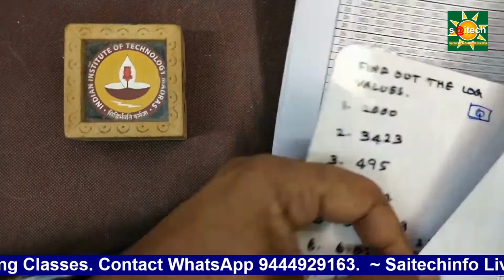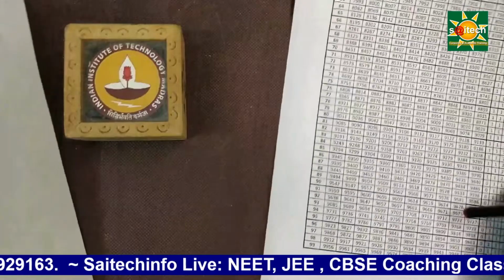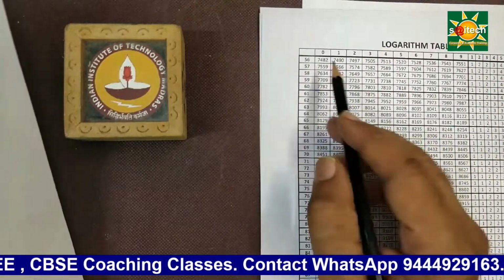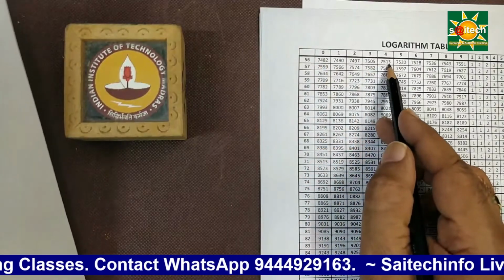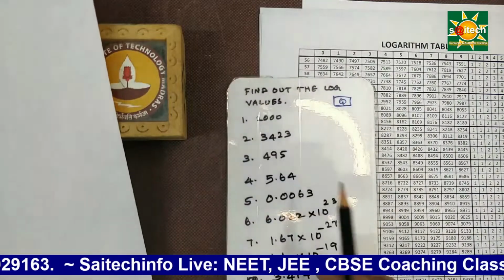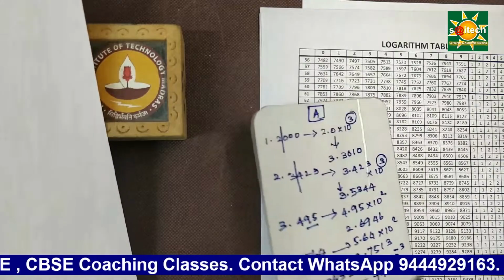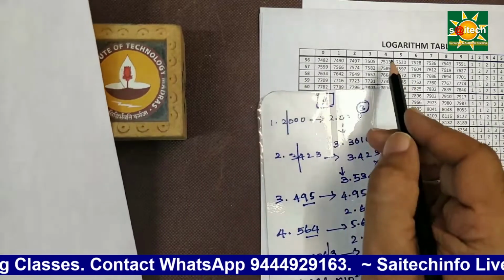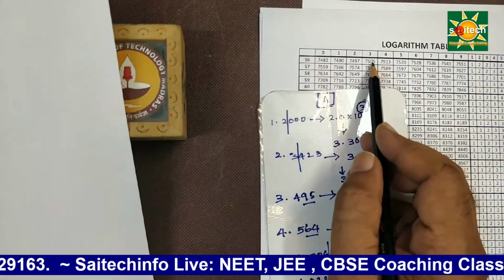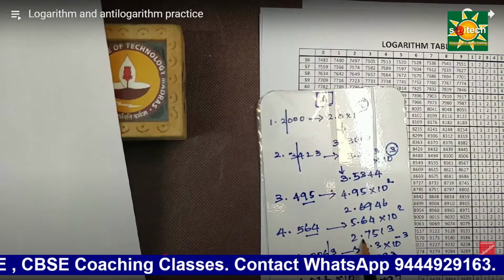Take the log in 56, so 56.4 gives 7513. So 0.7513. Are you able to follow?